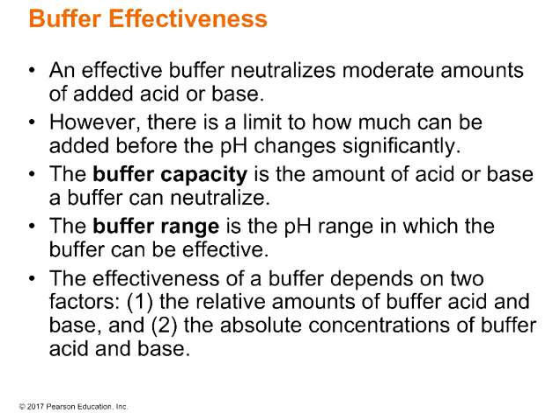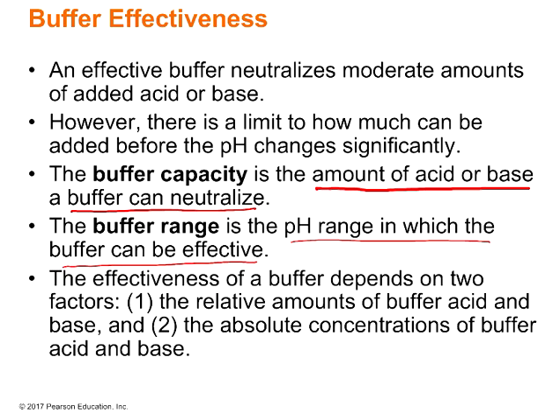So the buffer capacity is the amount of acid or base a buffer can neutralize. And then the buffer range is the pH range in which the buffer can be effective. So we'll talk about those two in a little more detail.